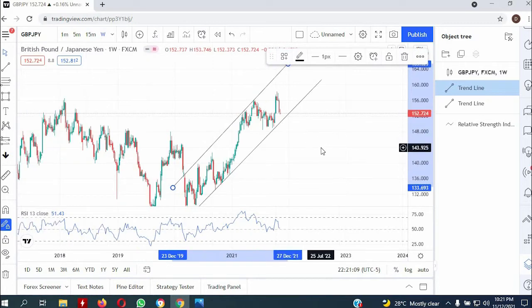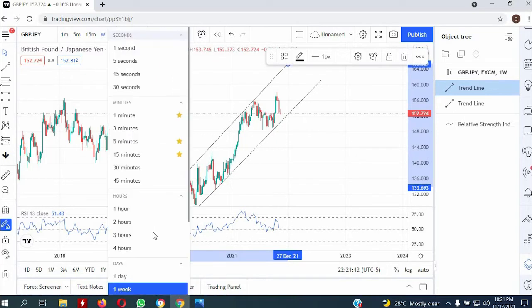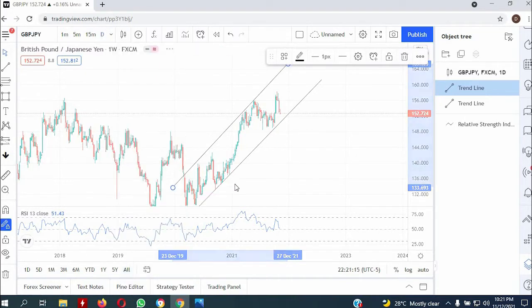The GBP JPY is in a strong bull trend, so I'm going to go down to the daily time frame and see what's going on down there.